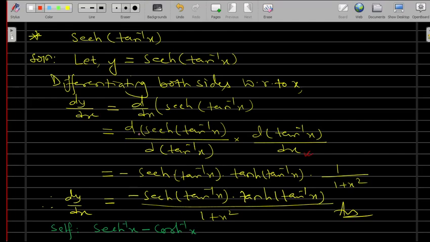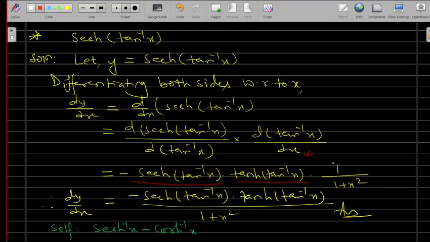Then the derivative of sec x is minus sec x into tan x. That's why minus hyperbolic sec tan inverse x times hyperbolic tan tan inverse x, times the derivative of tan inverse x, which is 1 by 1 plus x square.